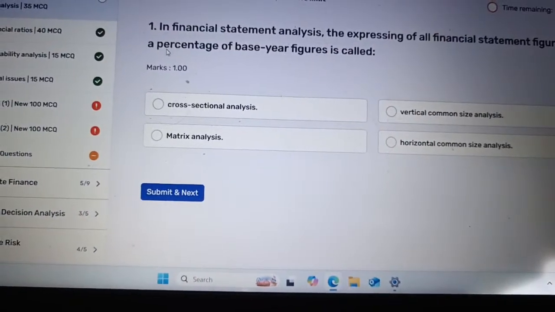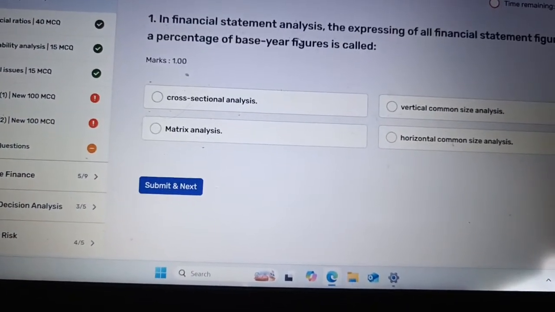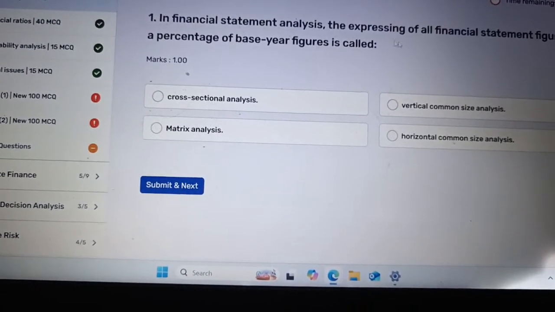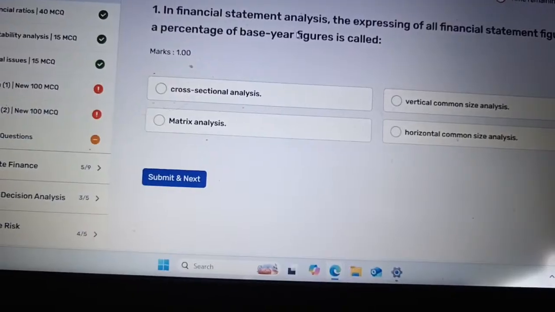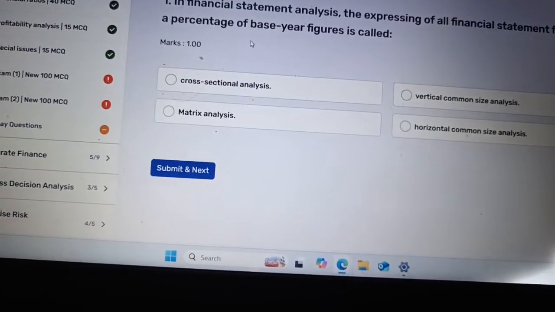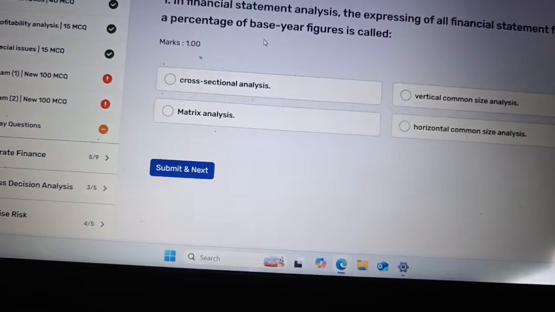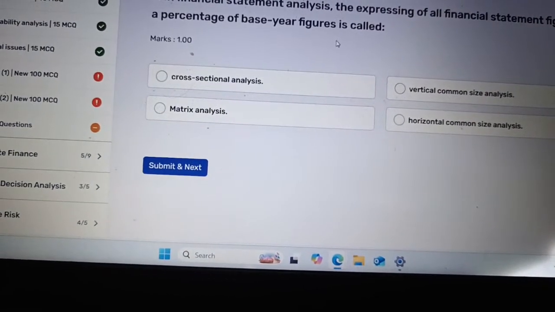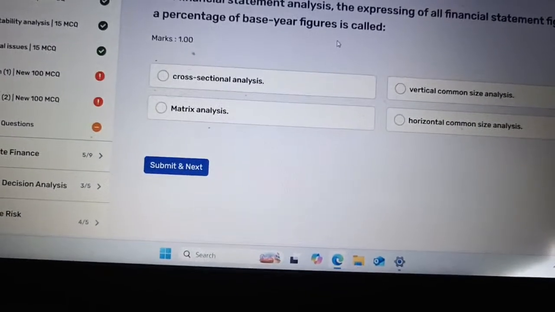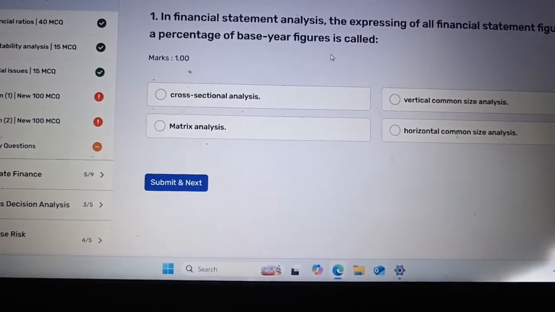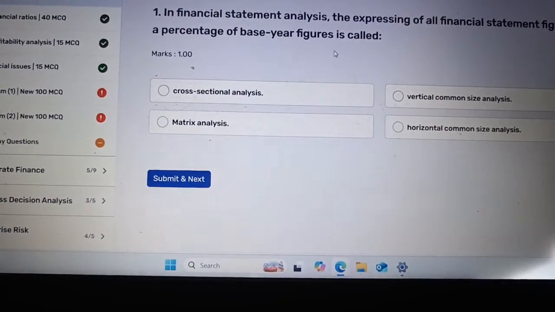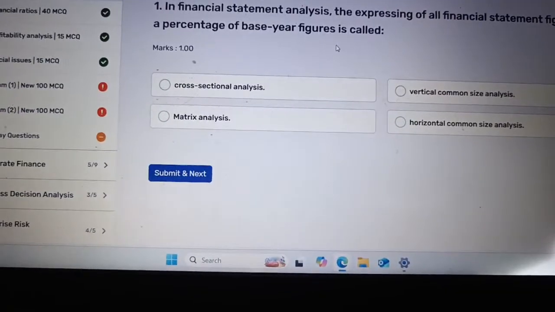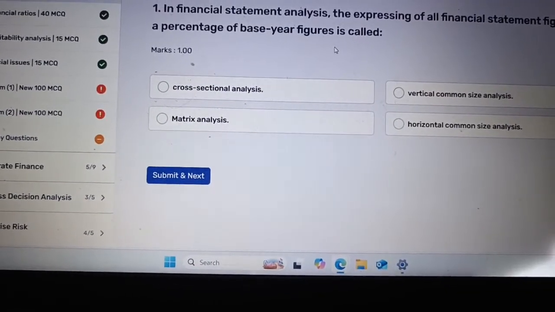In financial statement analysis, expressing all financial statement figures as a percentage of a base year figure is called... means we are putting one year as the base year and the others are compared on the basis of percentage as compared to the base year.